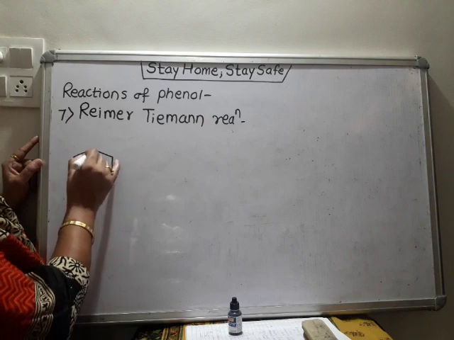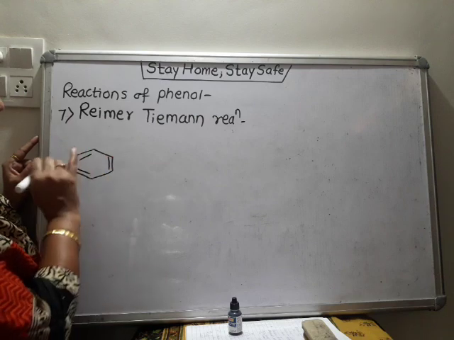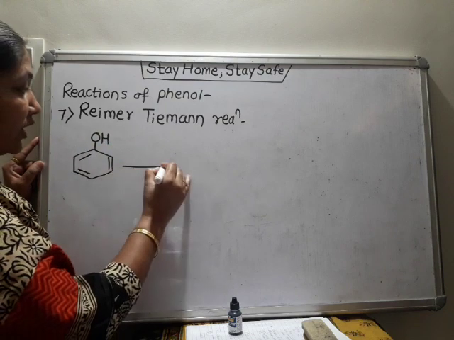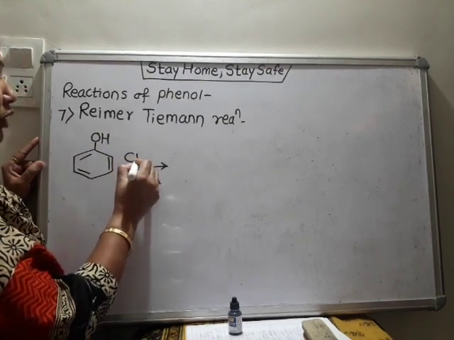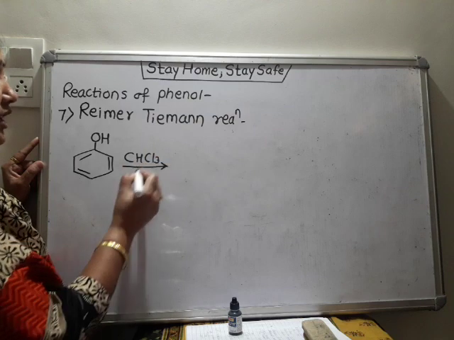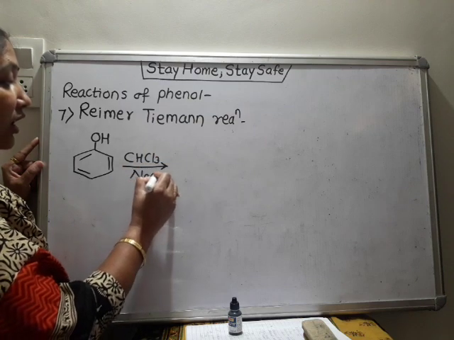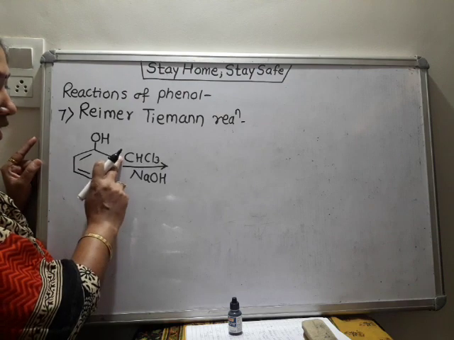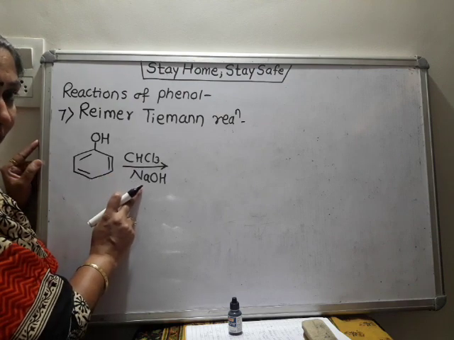It's a two-step reaction, 2 mark question. Phenol, this is phenol. Phenol reacts with chloroform. Chloroform is CHCl3 in alkaline medium, that is NaOH. So CHCl3 chloroform and alkali is used.